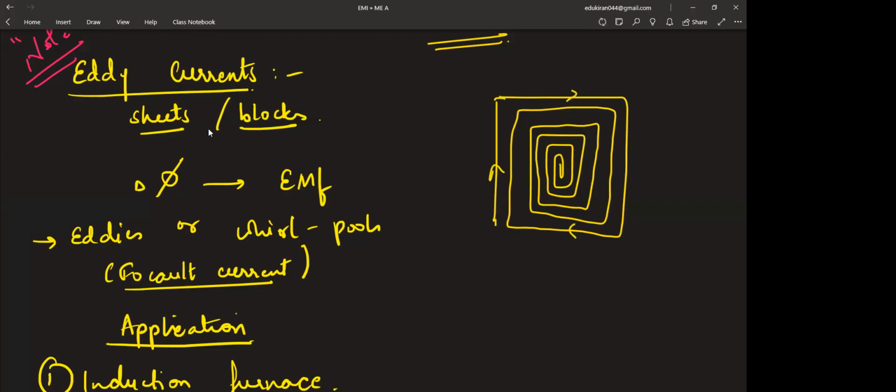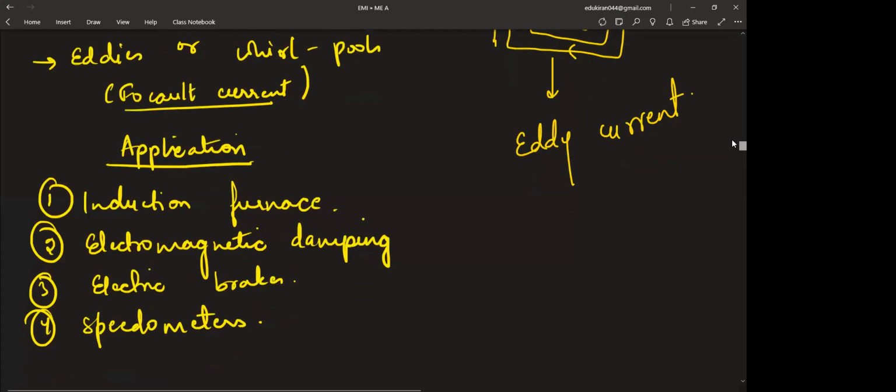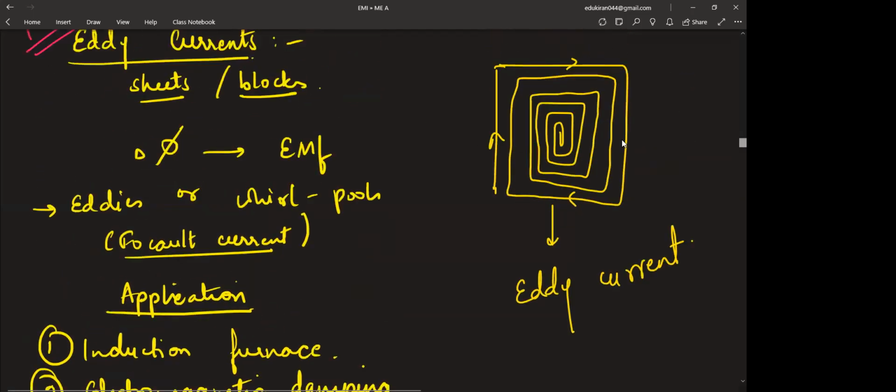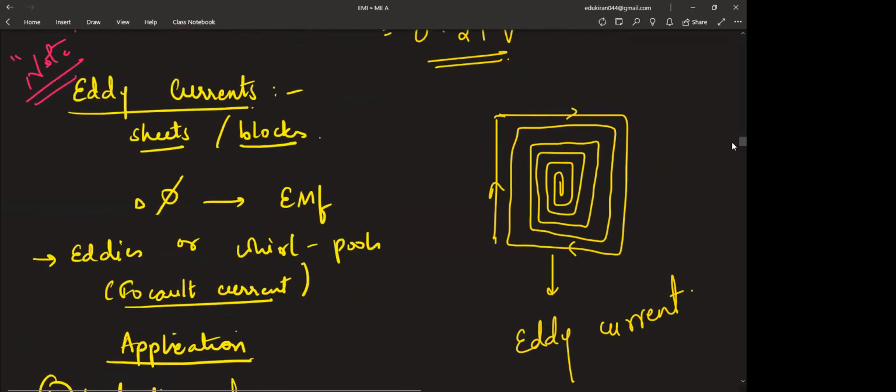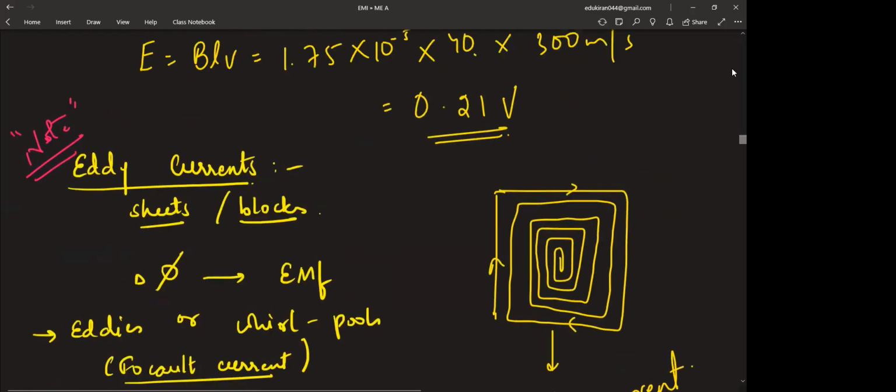They are used in sheets and blocks, where the magnetic flux changes, and these are called eddy currents. There are lots of applications in induction furnace, electromagnetic damping, electric brakes, speedometers, and all. So you just have to copy this portion, mention that it's not in your syllabus. We are just discussing it because the eddy current term can be used in questions.